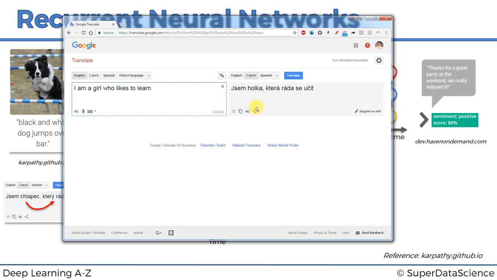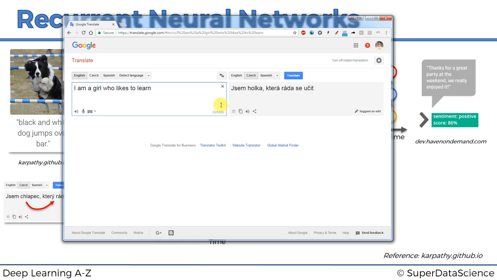And again, I don't know if Google Translate uses an RNN. I'm not going to comment on that, but basically the concept is the same, that you need short-term information about the previous word in order to translate the next word, right? You can't just translate word by word. It's just a simple example, and of course, to make a sentence make sense, you do need information about the previous words.